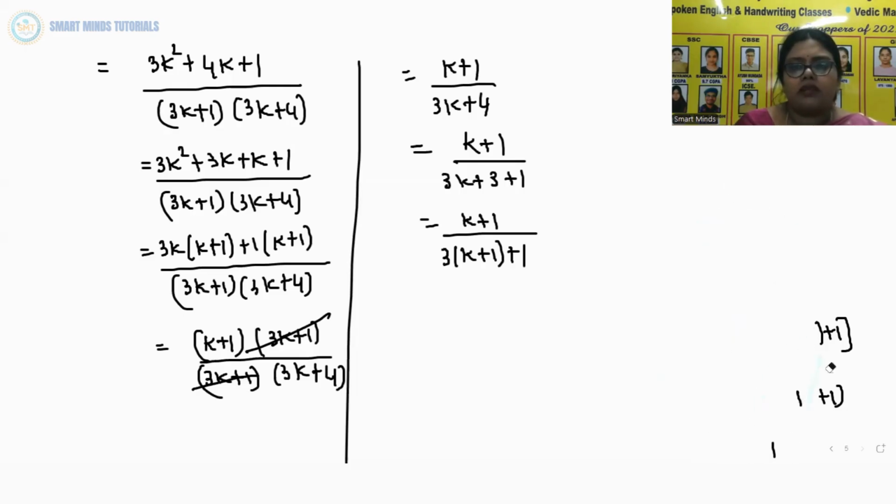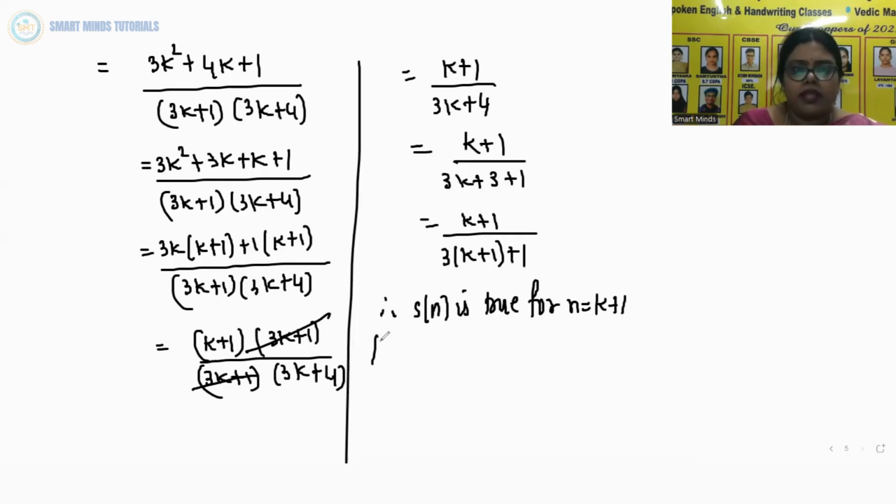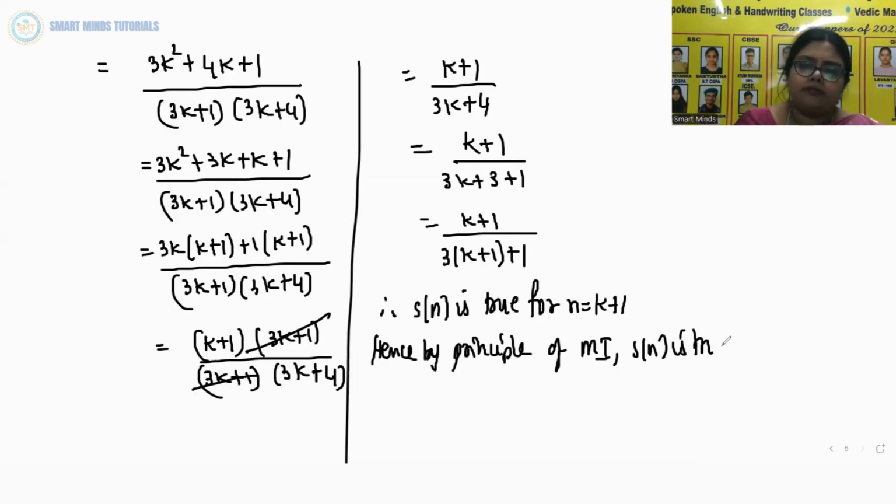So finally we can conclude, therefore, S of n is true for n is equal to k plus 1. Hence, by the principle of mathematical induction, S of n is true for all n belongs to N.